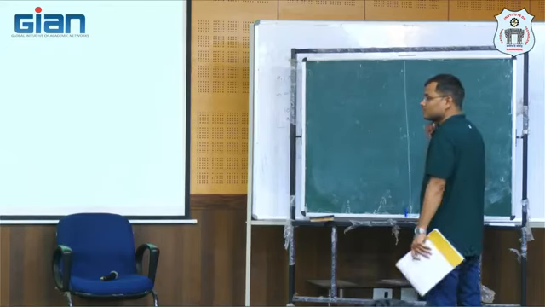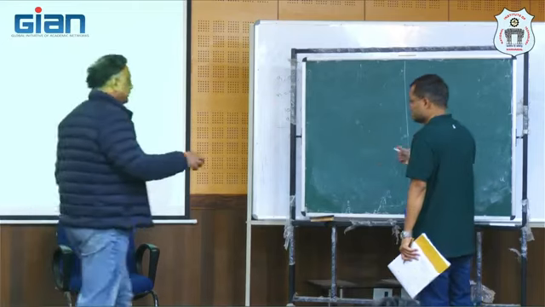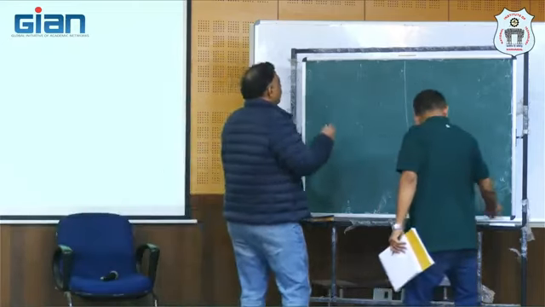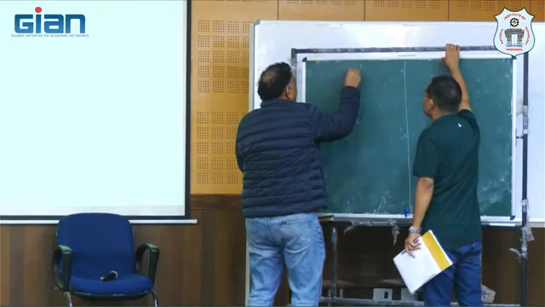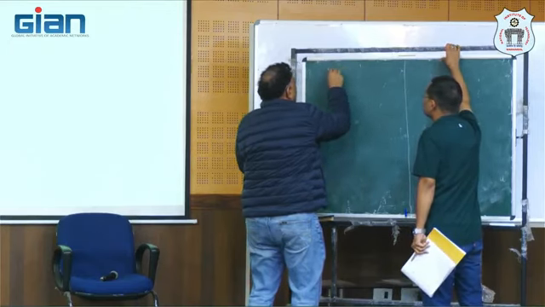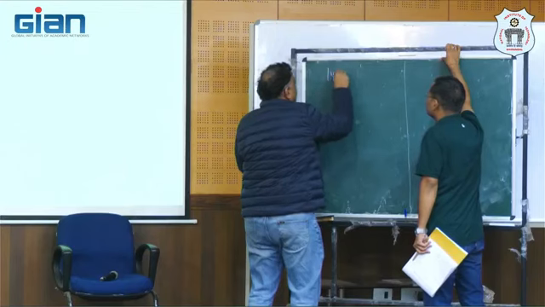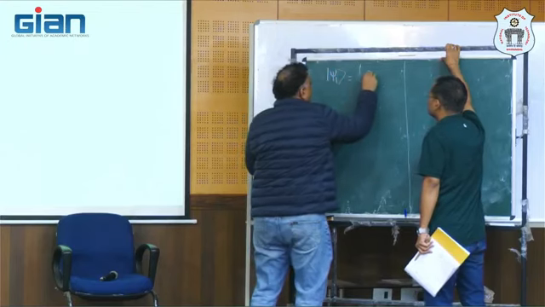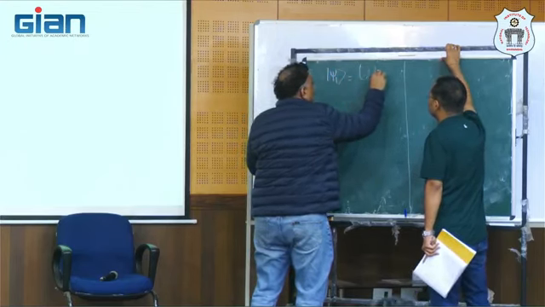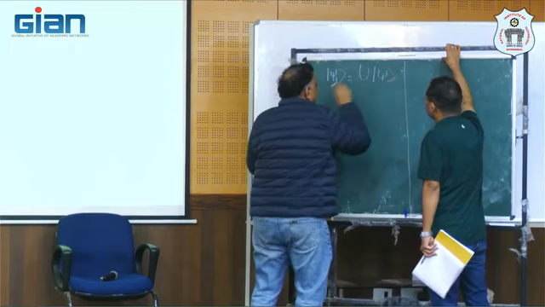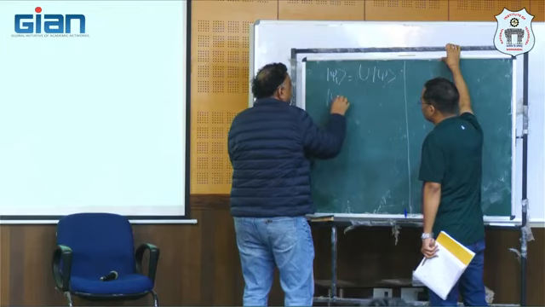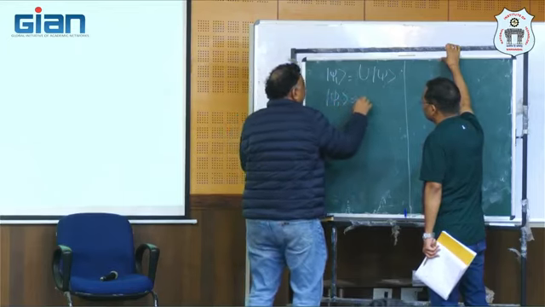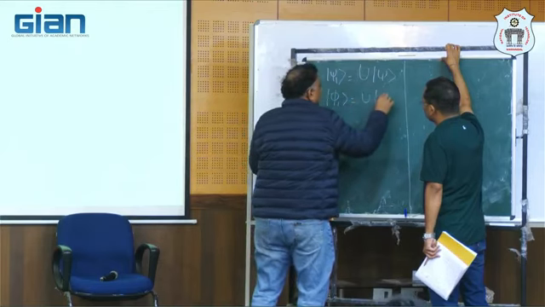Inner product preserving means that suppose you have states psi and phi, and psi 1 is U times psi, and phi 1 is U times phi.